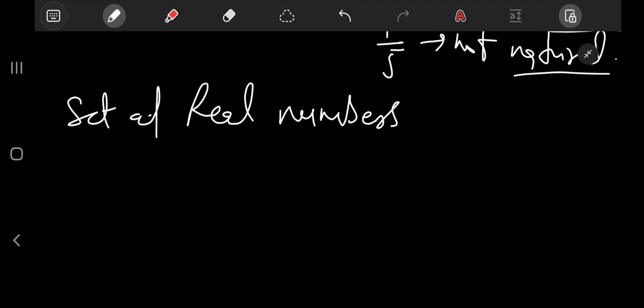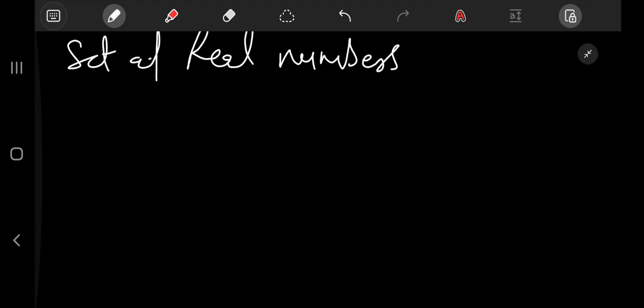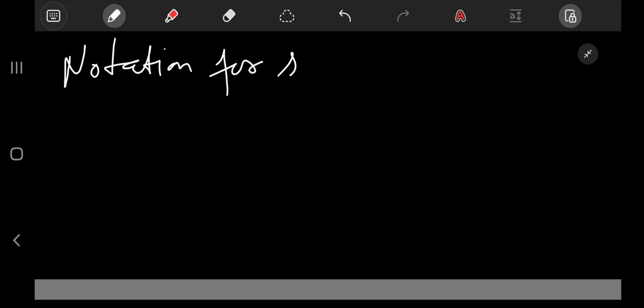Next we are discussing notation for sets. By what type of character do we represent a set?